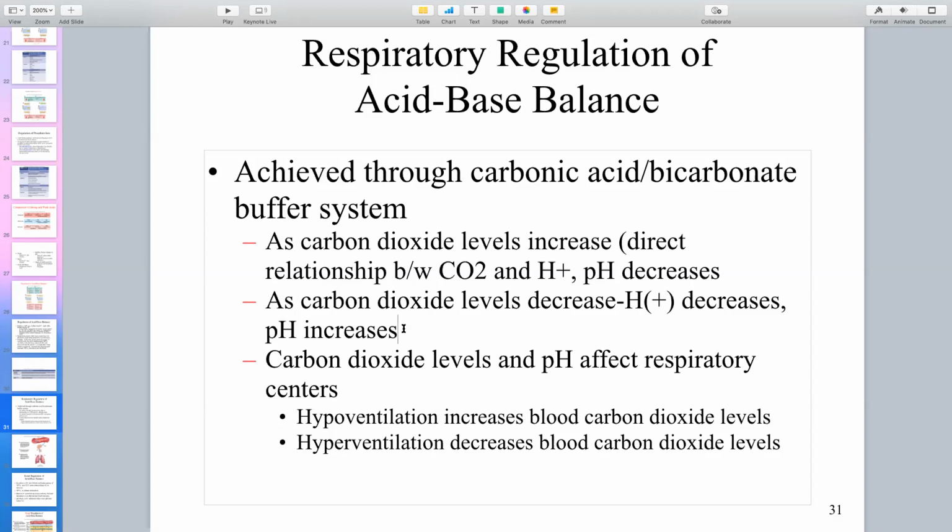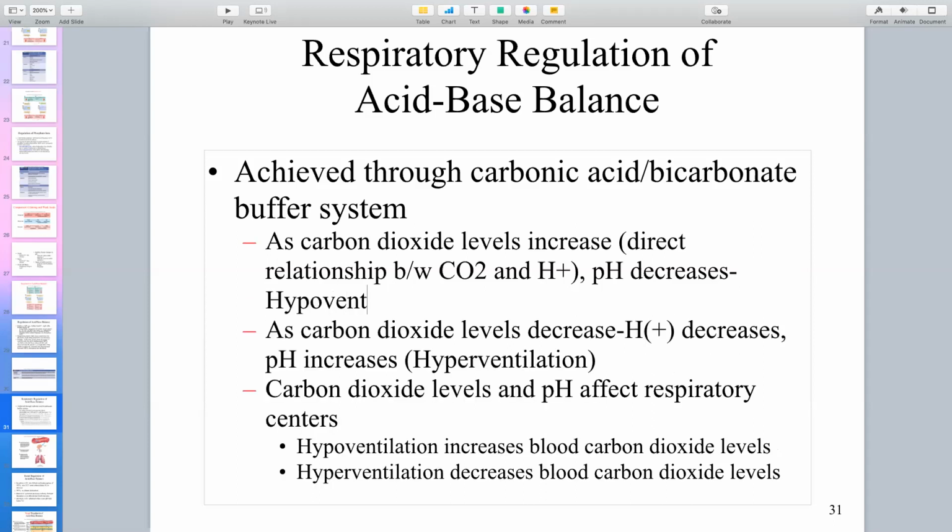With hyperventilation, and it's probably easiest to write it this way, hyperventilation here, and hypo over here. So when you hyperventilate, you get rid of excess carbon dioxide and the carbon dioxide levels decrease.